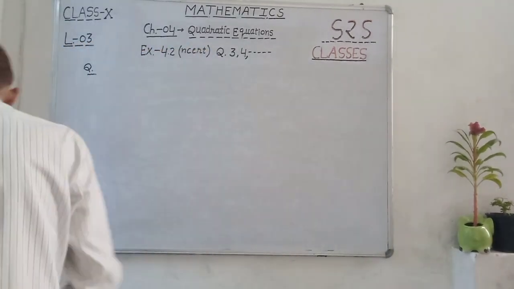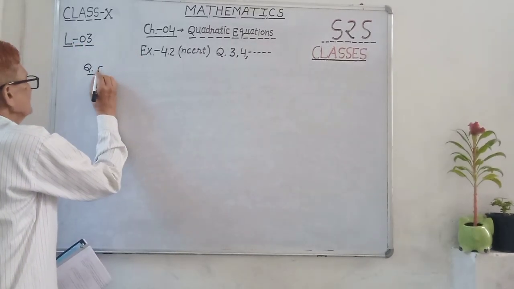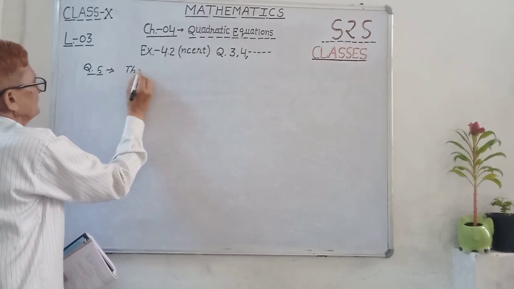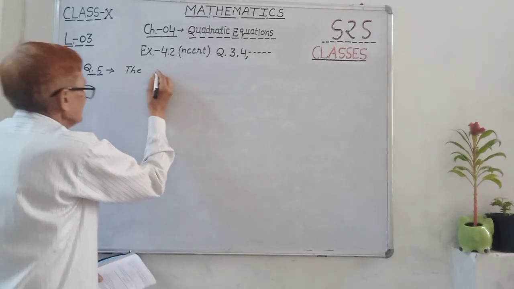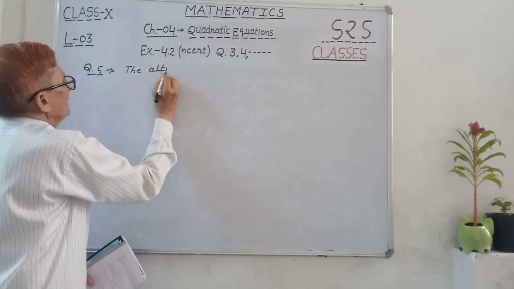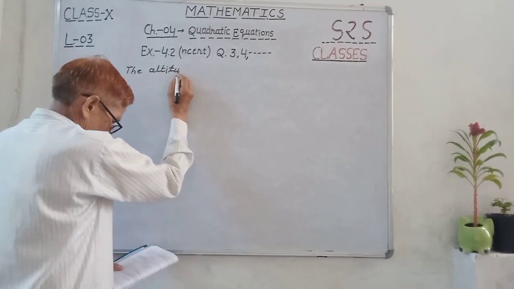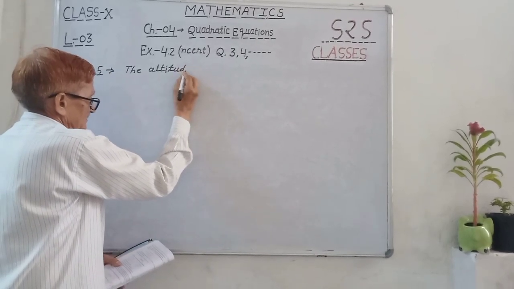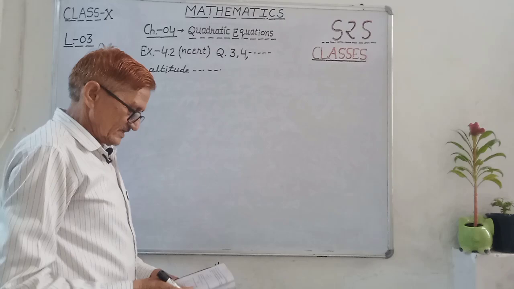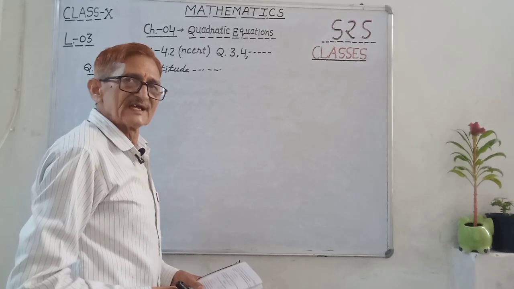Now question 5. The altitude of a right triangle is 7 cm less than its base.